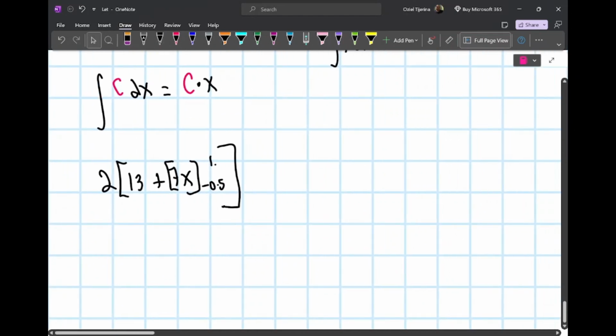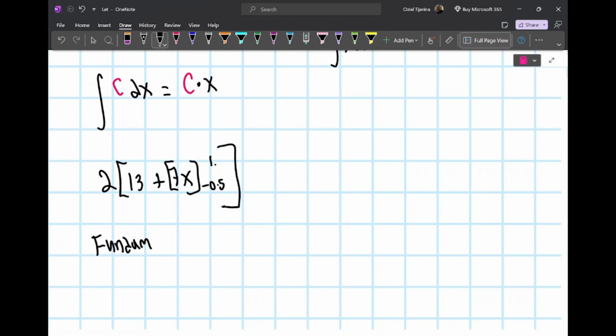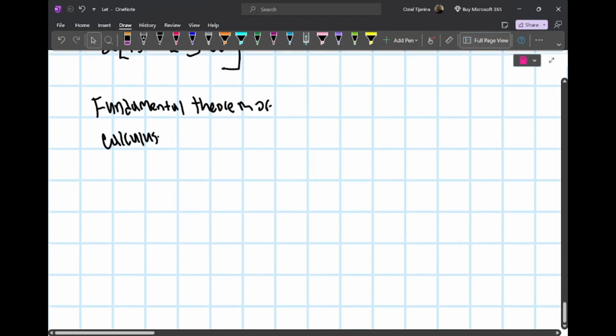And now, remember that the fundamental theorem of calculus, I just want to make sure we understand this, is the following.